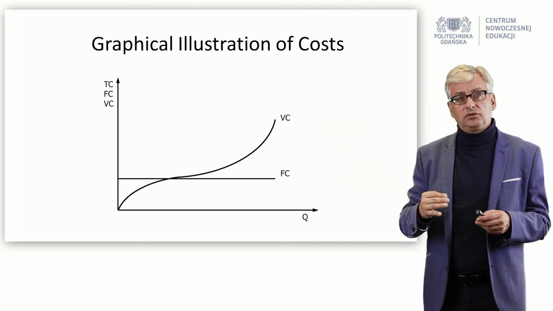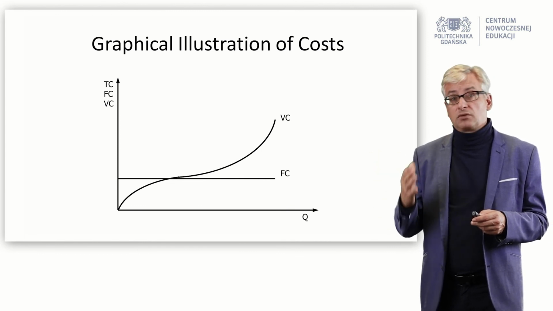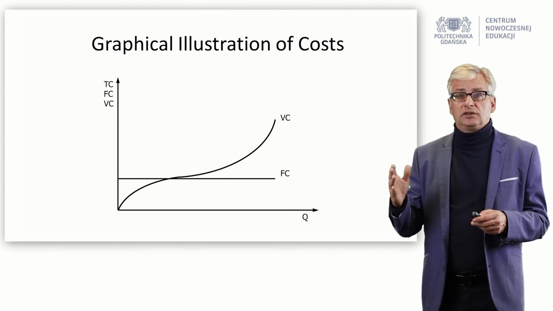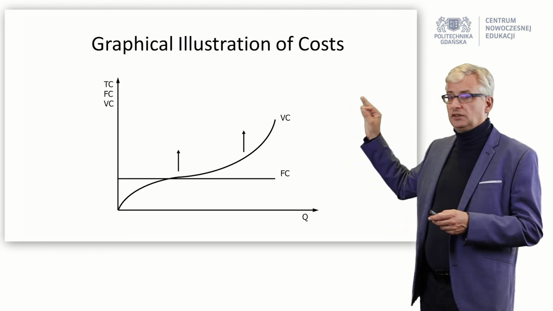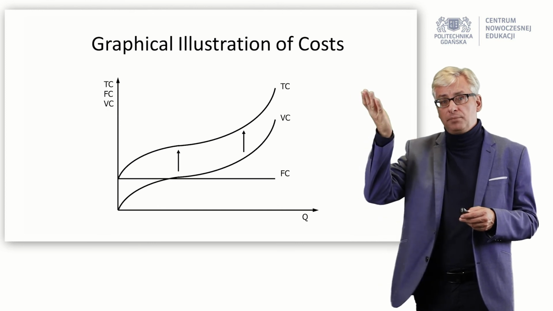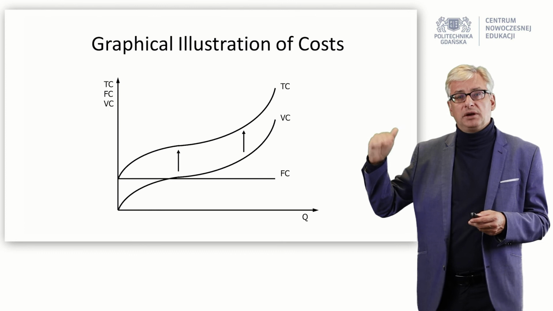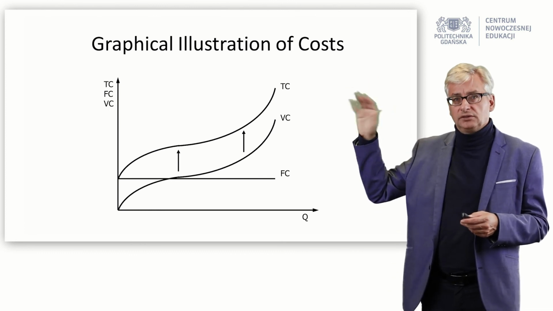And total costs are the sum of those two. So graphically taking, it's just the same line, the same shape as variable costs, but pushed up by the value of fixed costs. So pushed up by this vertical distance here, right?